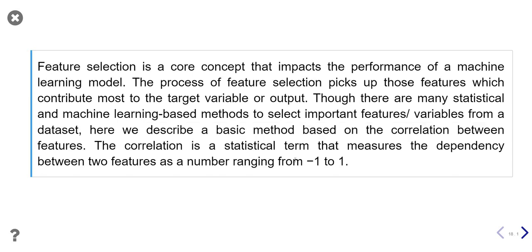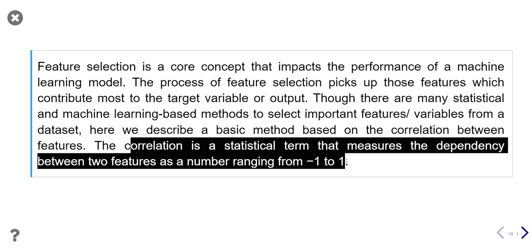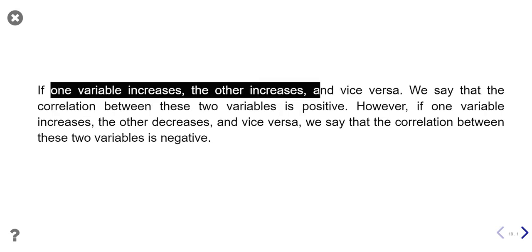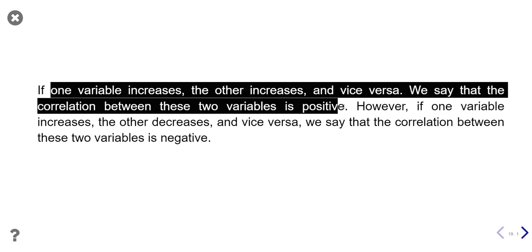Correlation is a statistical term that measures the dependency between 2 features as a number ranging from -1 to 1. 1 means it's very, very strongly correlated, and going negative means it's negatively correlated. So if one variable increases and the other also increases, and vice versa, we say that the correlation between these two variables is positive.